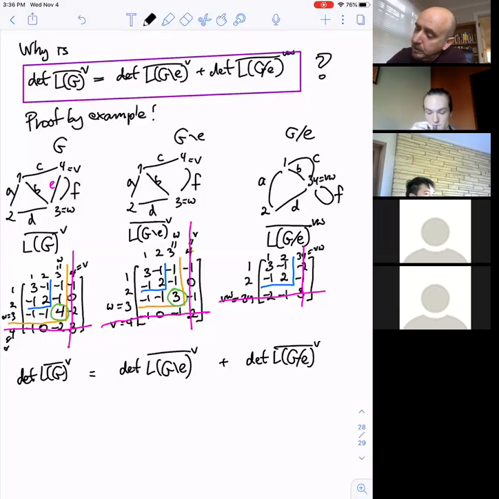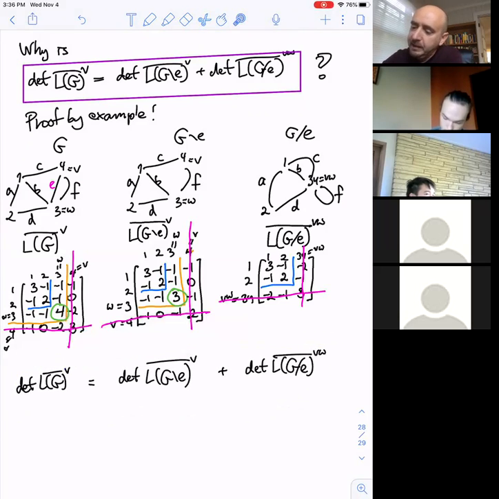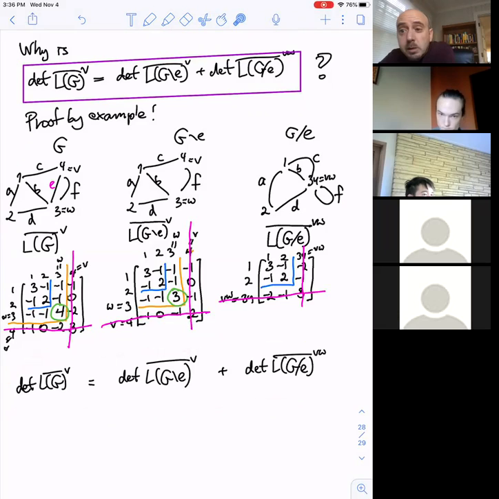In other words, I'm claiming if we think about the structures that we just talked about, the fact that the orange things only differ in that entry right there going down by 1, and that these blue things are exactly the same in all 3 will show us this relationship. We just have to remember how you compute determinants.